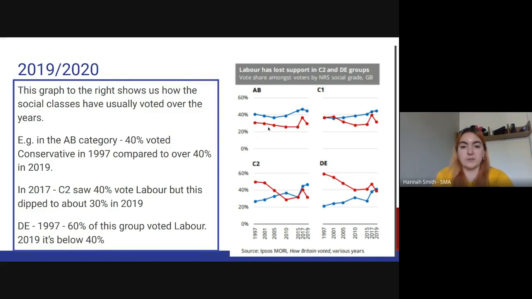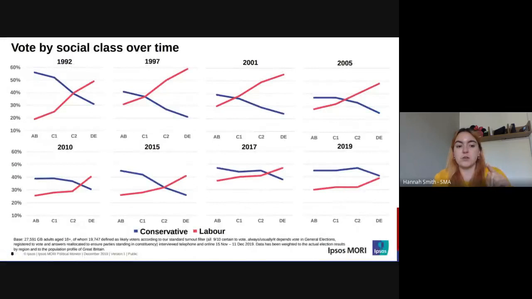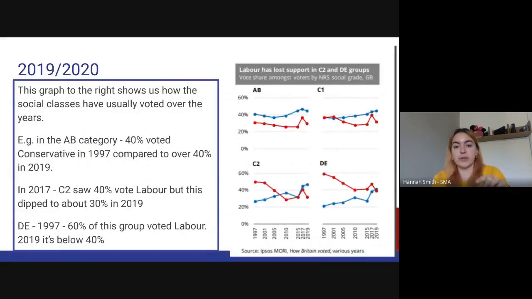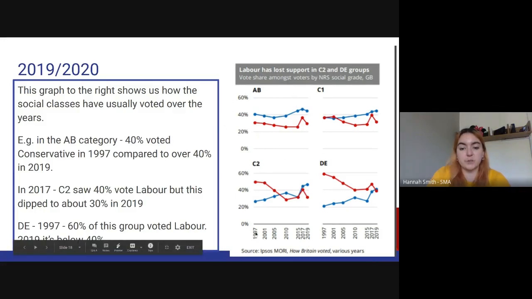Whereas, and I'm going to jump back, this one is showing us the election results by year, okay, by year. This one is showing us it over the years, but it's separated into its social class category. So if you look at the first square here, this is all of the elections from 97 to 2019, those little dots, so 97, 2001, 2005, 2010, 2015, 17, and 19.